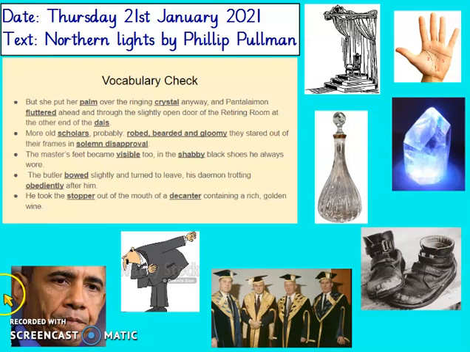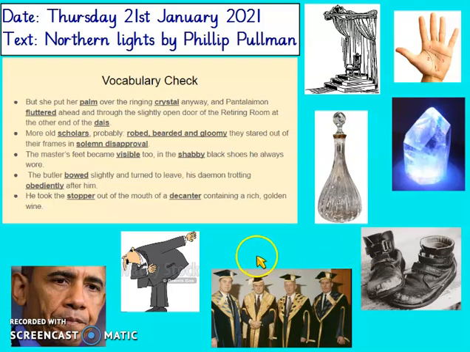The master's feet became visible too, in the shabby black shoes he always wore. So the master's feet became visible means that you could see them, and shabby means in poor condition, so his shoes could have looked something like these. The butler bowed slightly and turned to leave, his daemon trotting obediently after him.